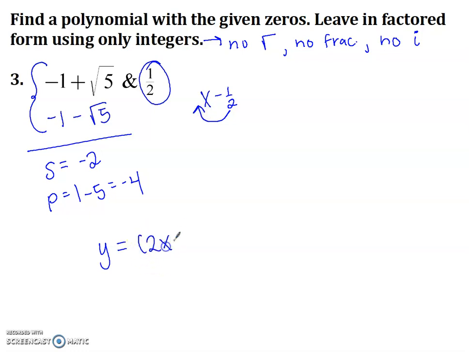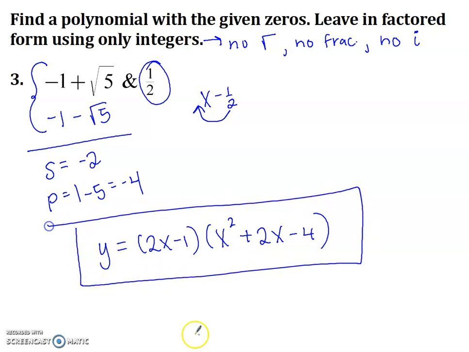So I'm going to write the 2x minus 1 first. If you're not sure that you did it right, set that equal to 0, solve, and you're going to get x equals 1/2. Then to get the polynomial from this one, I'm going to do x squared minus what I got for the sum, so minus a -2x, plus what I got for the product, which was a -4.